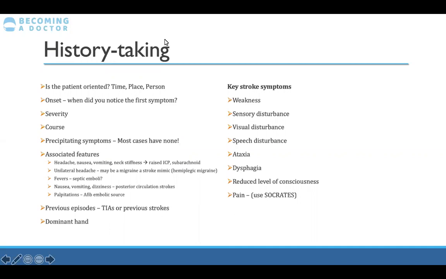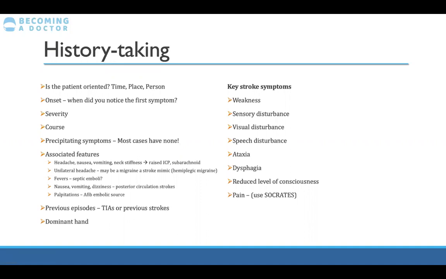It tells you which side their dominant hemisphere is. Yes, perfect. So right-handed people mostly have which side dominant hemisphere? Left. Perfect. So that gives you an idea of what deficits the stroke may give.